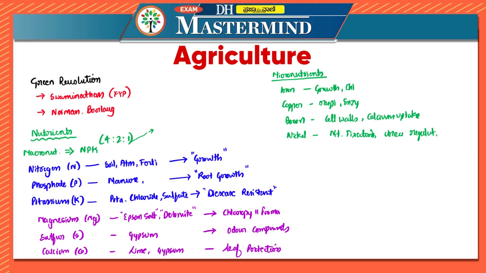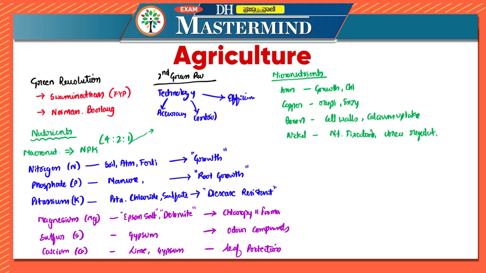Now the second green revolution is related to sustainable agriculture. In case of the second green revolution, the focus is mostly on technology. With this, we want to achieve accuracy in agriculture, better control in agriculture, and efficient use of water.